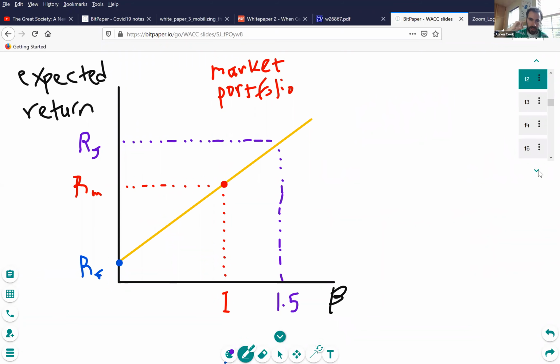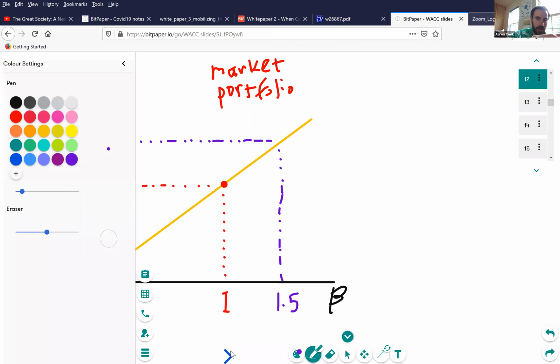But we could also have the case where the beta is in excess of 1. In this case, we have another asset that has a beta of 1.5. Because beta on this stock is 1.5, it's overall a little bit riskier than the market as a whole. And so investors, in order to tolerate that amount of risk, are going to expect a rate of return above and beyond RM, which is the market average rate of return, according to this security market line.